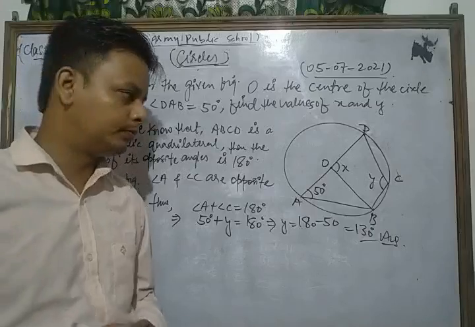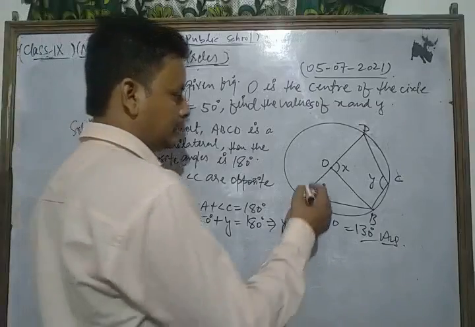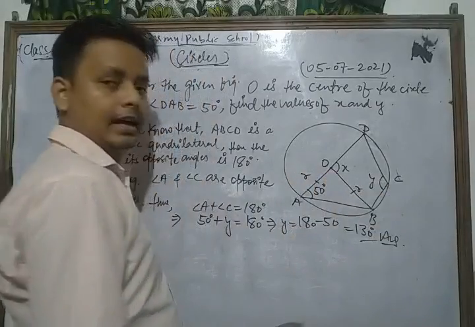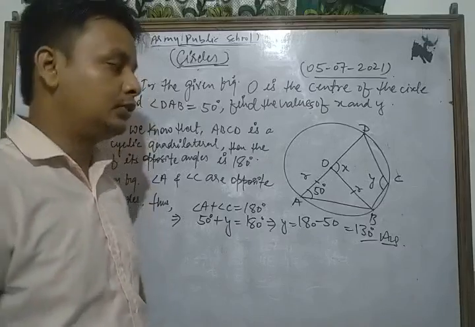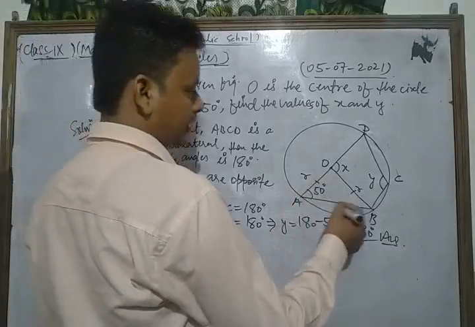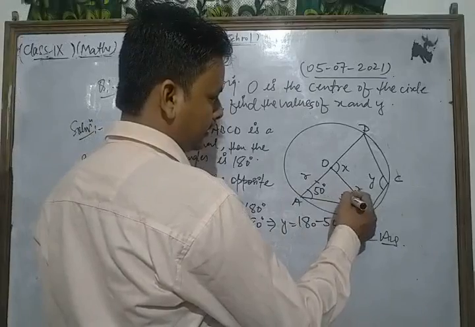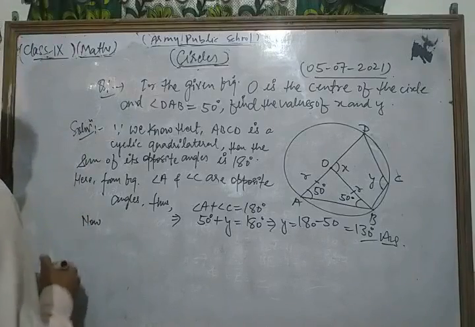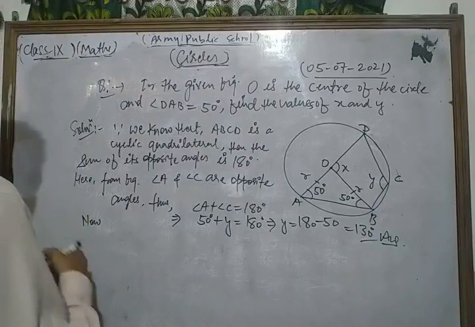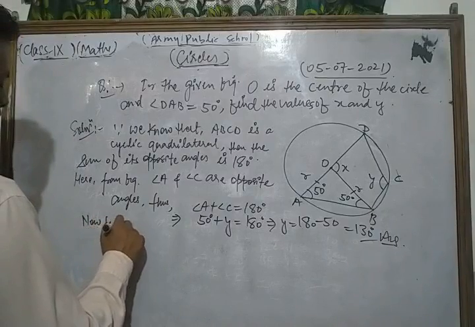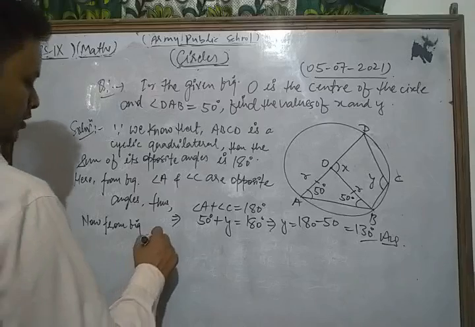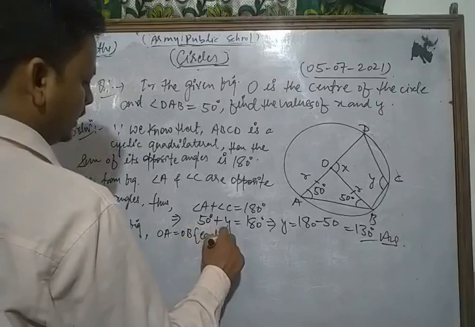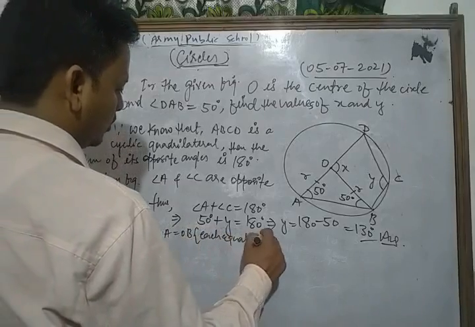Okay, dear students, now again from the figure, let's see. OA is equal to OB, each equal to radius r, and you know that the angles opposite to equal sides are also equal, so this is also 50 degrees.